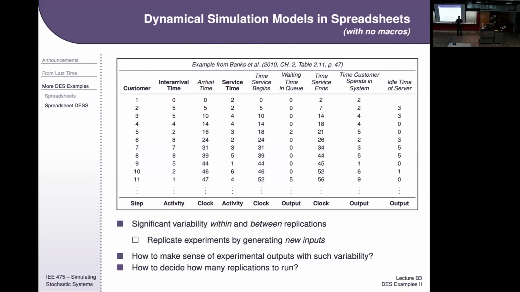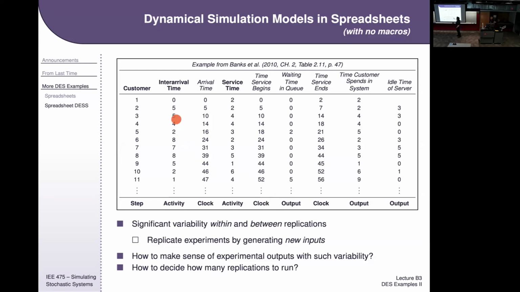So it will be important for us to not just have a list of service times and a list of inter-arrival times. Post-midterm, you'll have a distribution of service times and a distribution of inter-arrival times, and you'll be able to draw random numbers from a distribution that matches. So across replications, it'll have the same mean and the same variance, for example, but for every replication, you'll get different numbers.